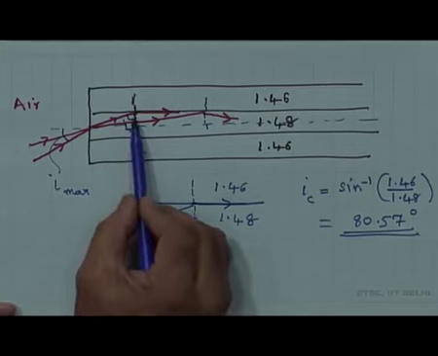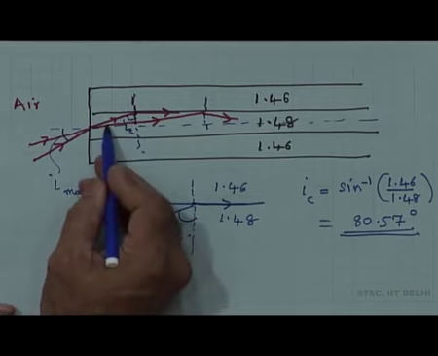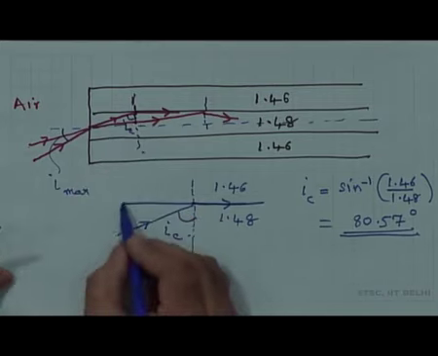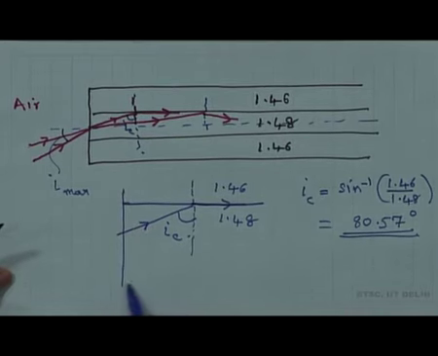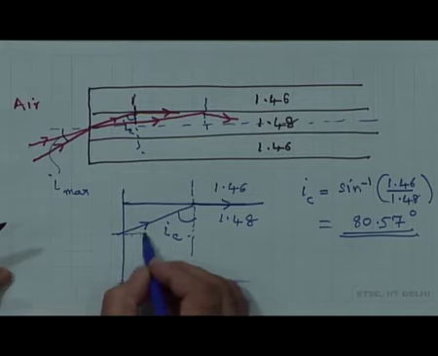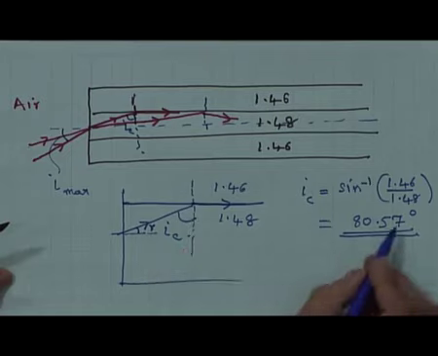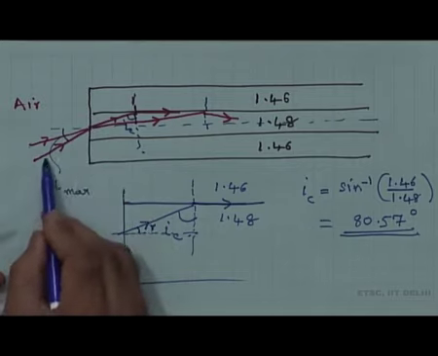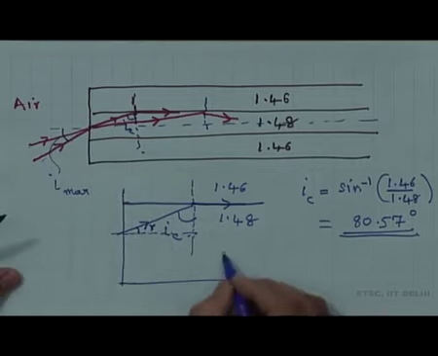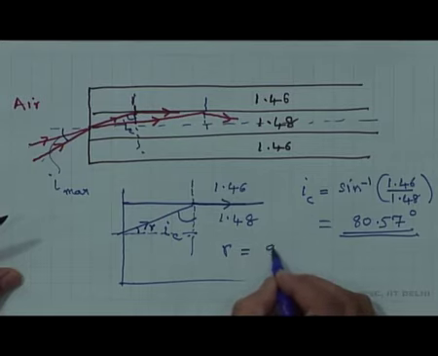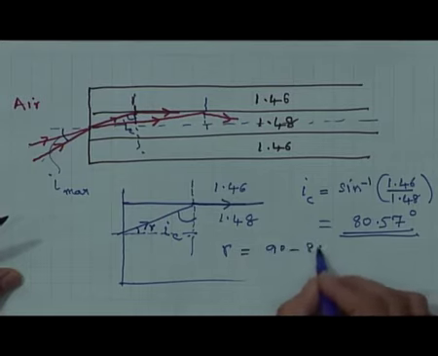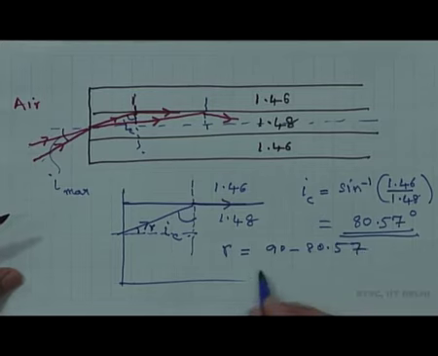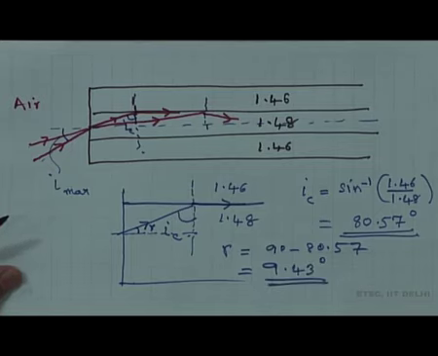So, the angle I C here is 80.57. If this is the angle I C, then we can determine what is the refracted angle. So, if I show this as my input, then I can determine the refracted angle here. So, this is R, this was I C which is 80.57, and therefore, the refracted angle at the input corresponding to this I max is R equal to 90 minus 80.57, which is equal to 9.43 degrees.